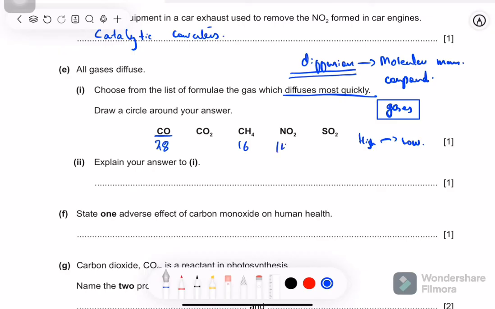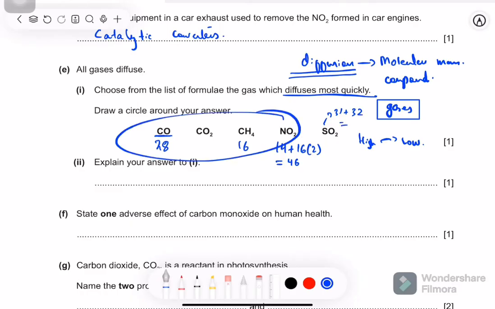NO2, 14 plus 16 times 2, which is 46. Sulfur dioxide, same. Sulfur has around 31 or 32. You can check in the periodic table, but 32 plus 32, it will be higher than all of these. So what we have is methane, CH4, having the lowest MR.